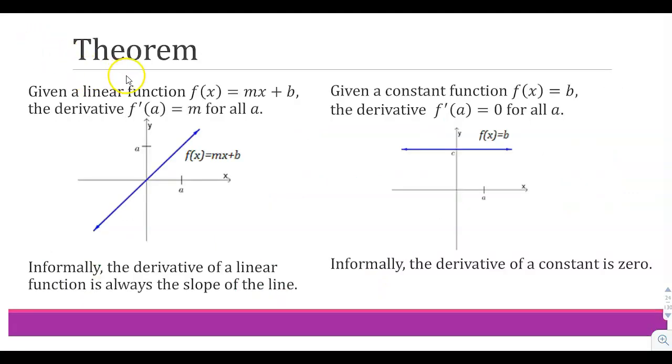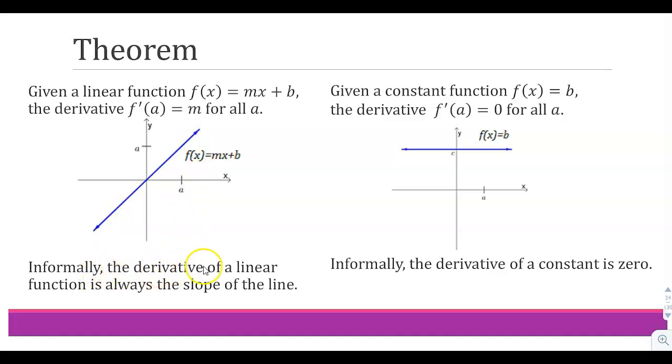Now we're going to take a look at a theorem. The limit of a difference quotient definition can be pretty lengthy, so we're going to start to learn some shortcuts, and this is the first of many. So given a linear function, f of x equals mx plus b, the derivative, f prime of a, is just m, is just the slope for any value of a. So since it's already a linear function, the slope of the tangent line is really just the slope of the line itself.